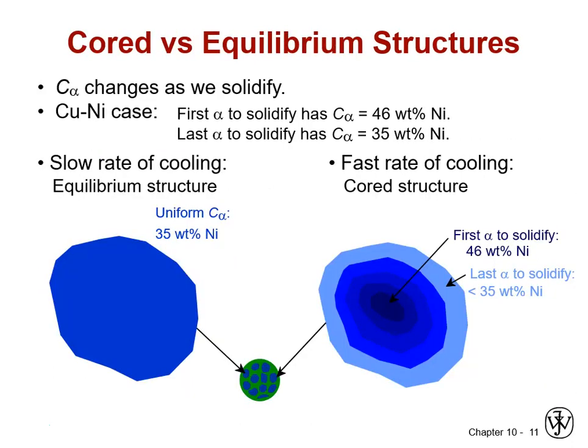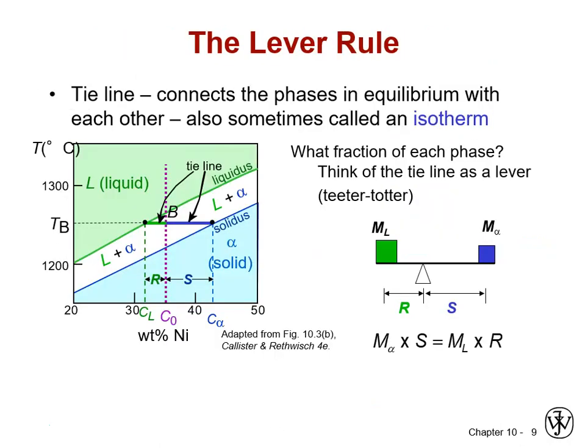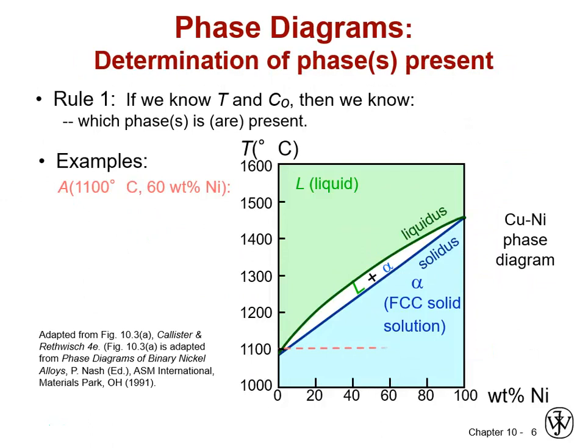Before we go on to eutectics and lamellar structure, an important consequence of having that difference in composition across grains in one case is that we can have a variation in melting point. If we back up to our binary phase diagram and look at it all the way across, you can see that copper has a much lower melting point than nickel.